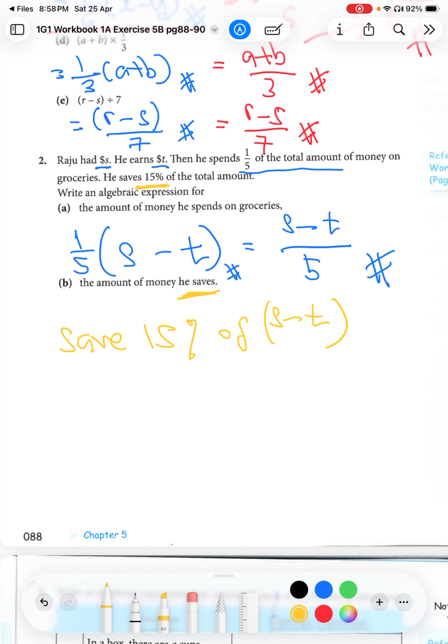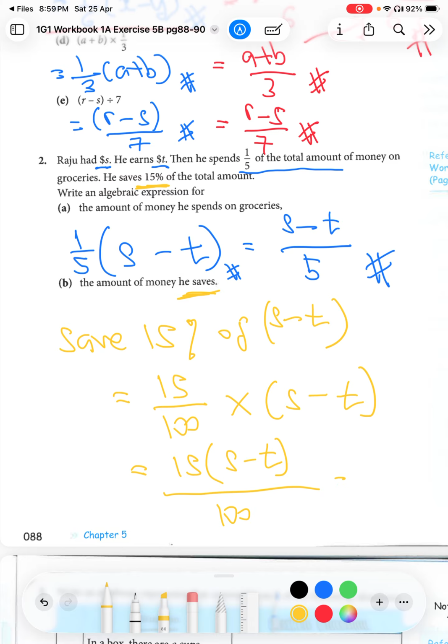So remember, 15% is 15 over 100 times (S minus T), which just becomes 15(S minus T) over 100. Then you see 15 over 100, if you press the calculator, you get 3 over 20 (S minus T). That's your answer.